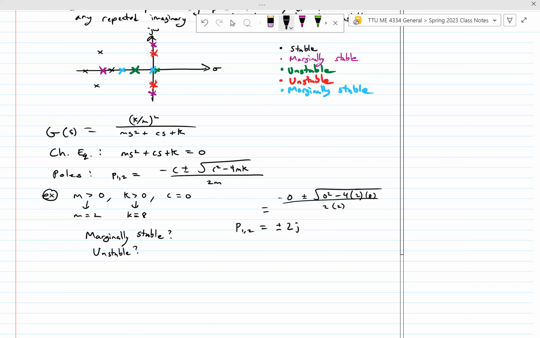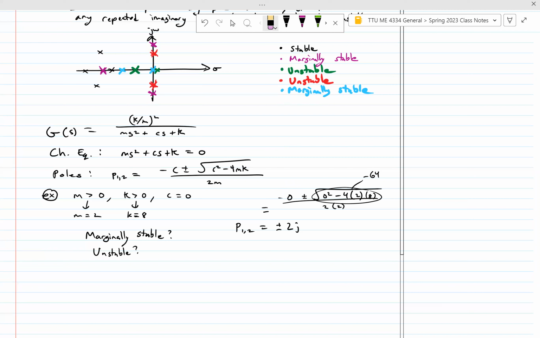So we still have that plus minus there. What's the stuff in the square root? Negative 64, which means we're going to have an imaginary part. If the square root has an imaginary part and our real part is 0, we're definitely going to end up with a marginally stable system, and we end up with plus or minus 2j here.